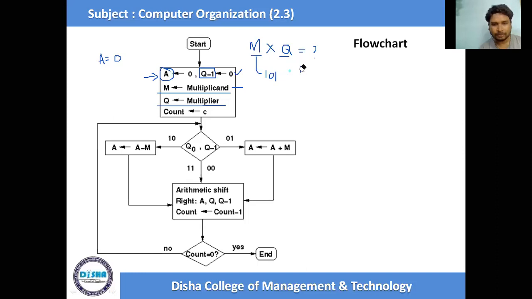If the value is given like this, then we have to do bit equalization of these two numbers. That means if M is a 3-bit number, then we have to make Q into a 3-bit number. How is this possible? By putting a number of zeros at the MSB side. If I put a 0 at the MSB side, then it becomes a 3-bit number, the same as the M value.